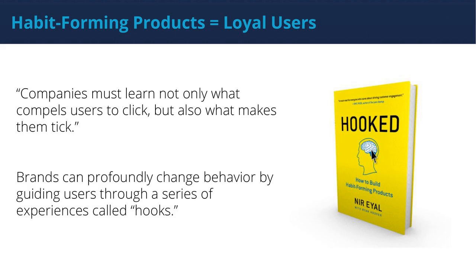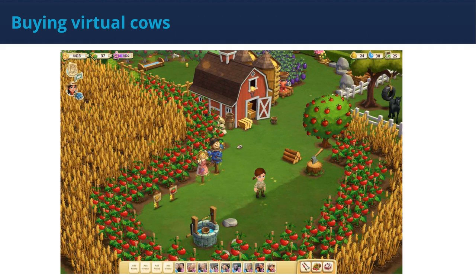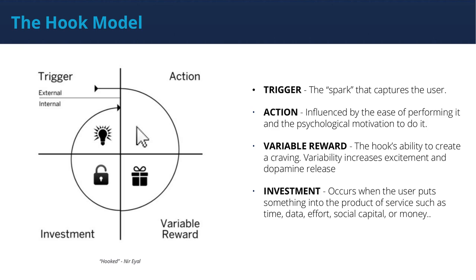And same thing, they were able to create this habit. Or if you go a few years ago with Farmville, how many billions of dollars were spent on virtual cows and virtual pigs and to buy strawberries on Farmville? Those were all addictive products that created habits in us, and so users were going back day after day after day. So Nir talks about this hook model and how you can transform your product into a habit for the user.